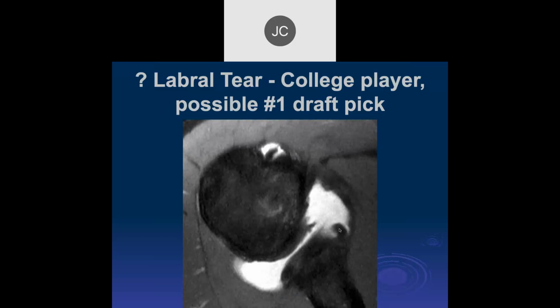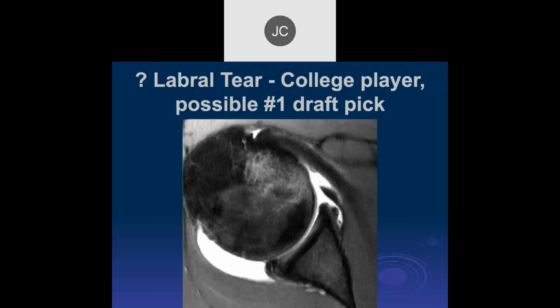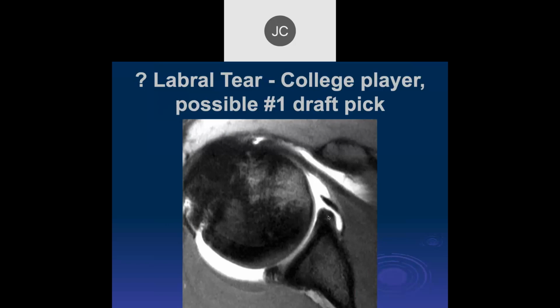And then let's follow it up. There it is. Now, usually it inserts on the inferior part of the anterior rim of the glenoid. But here, if we follow it, it goes all the way up to the top here, all the way up to there, and all the way up to here.